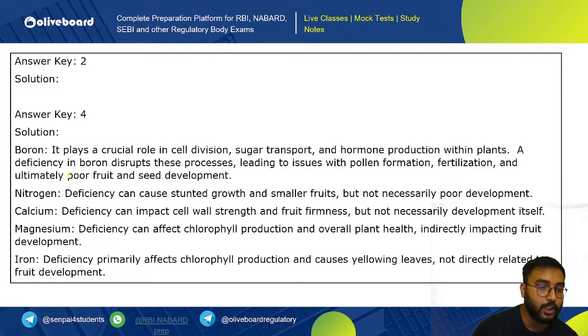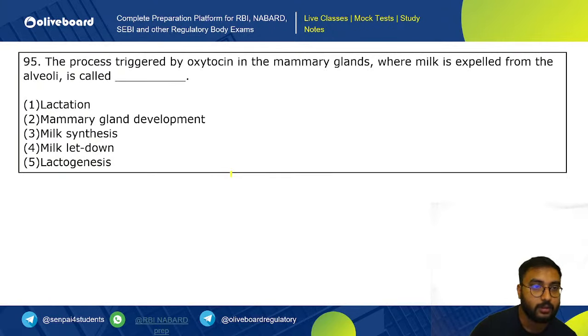Boron is responsible for fruit and seed development and their efficient growth. The process triggered by oxytocin in mammary glands, where milk is expelled from the alveoli, is called what? Lactation, mammary gland development, milk synthesis, lactogenesis, and milk letdown. So the answer here is milk letdown.